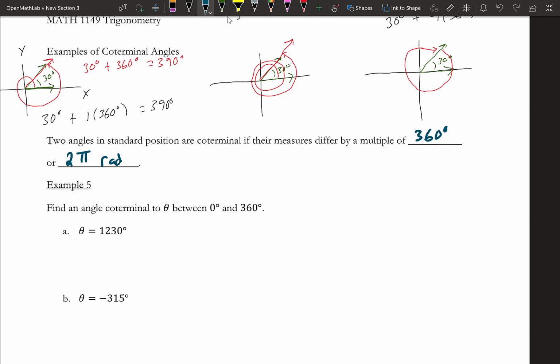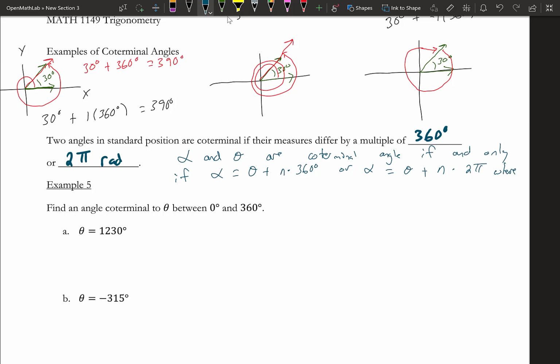A way we can write this symbolically is to say alpha and theta are coterminal angles if and only if alpha equals theta plus n times 360 degrees, or alpha equals theta plus n times 2 pi, where n is an integer.